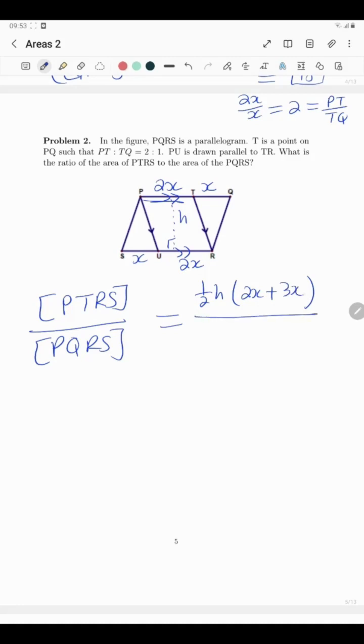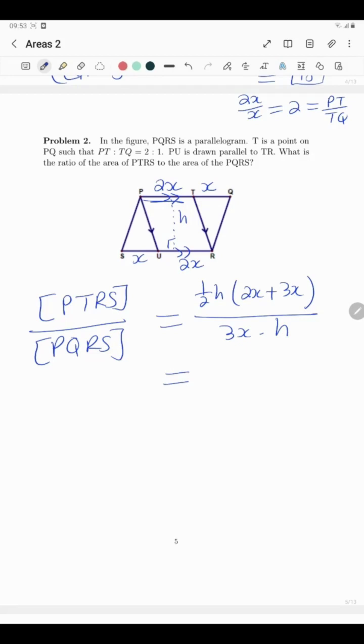Great. And now let's do PQRS. PQRS is a parallelogram. So we've got to use the area of a parallelogram, which is base, so using the base SR, which is 3x, times its vertical height, which is h. And so what remains is the following calculation.